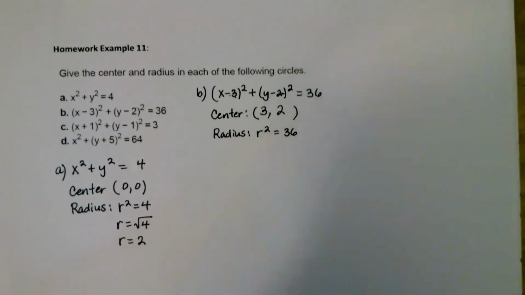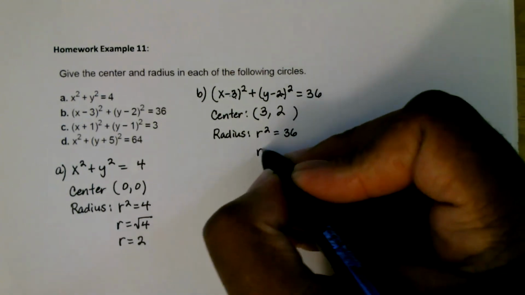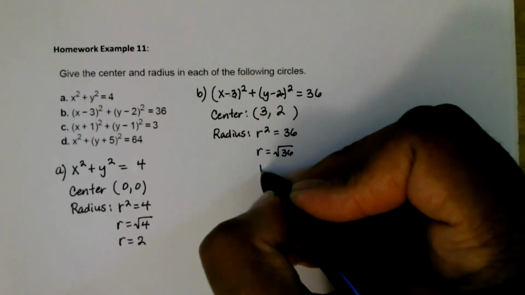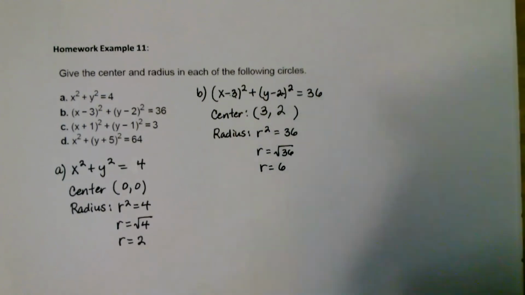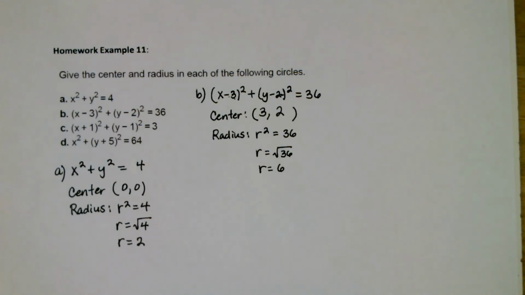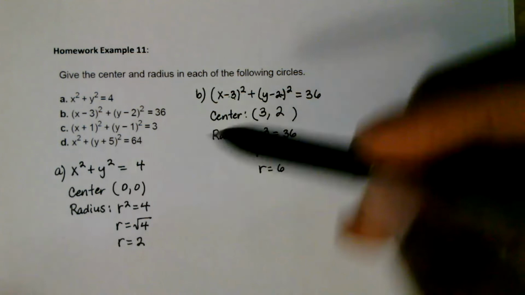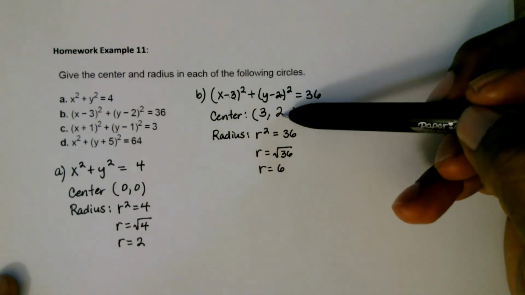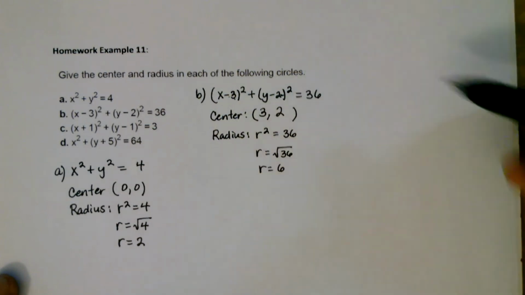To find out what r is, you take the square root of 36, which is 6. So the radius of the circle is 6. The center is at the ordered pair 3, 2. So with your center, you have to take the opposite sign for the h and for the k.